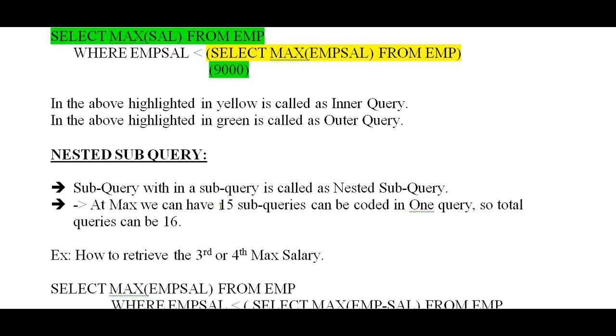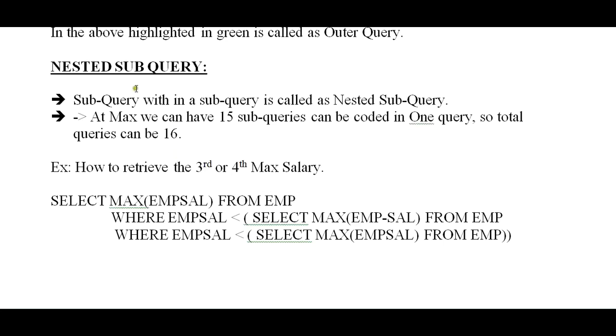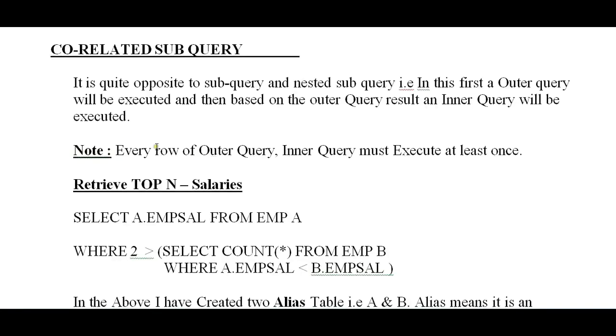In order to avoid this complexity, we can use correlated subqueries. In nested queries we have a restriction of 15 queries, so in correlated subqueries we overcome those problems.